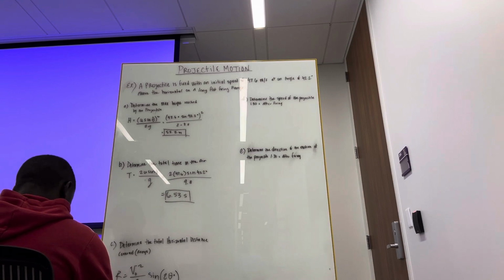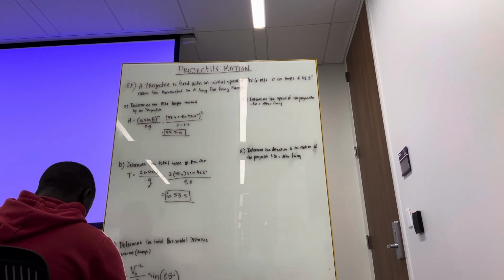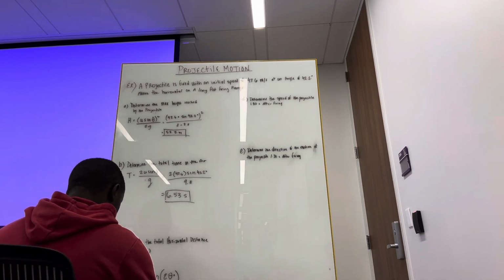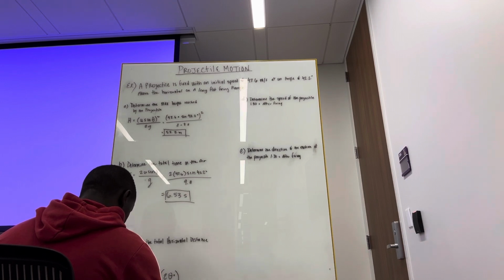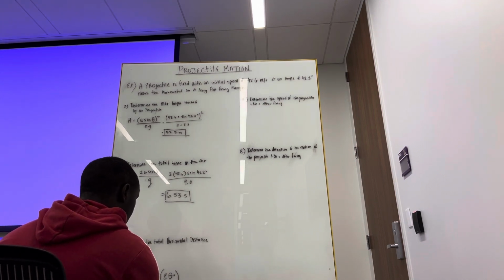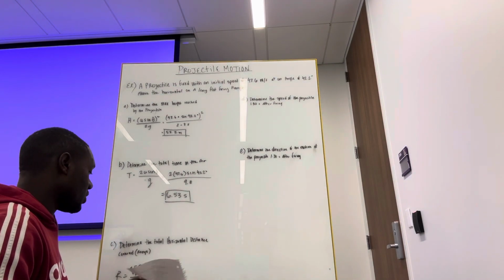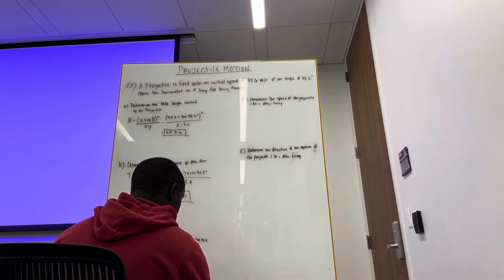So that would be 47.6 squared over 9.8, times sine 2 times 42.2 degrees. And by using this equation, we have determined that the total horizontal distance covered, or the range, is 230 meters.